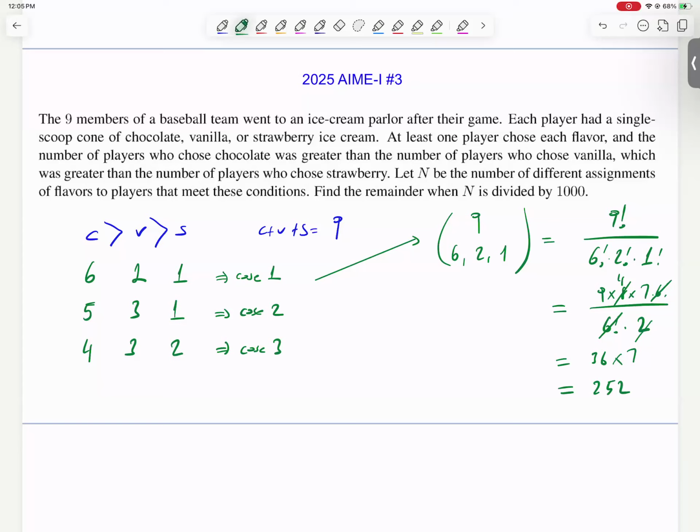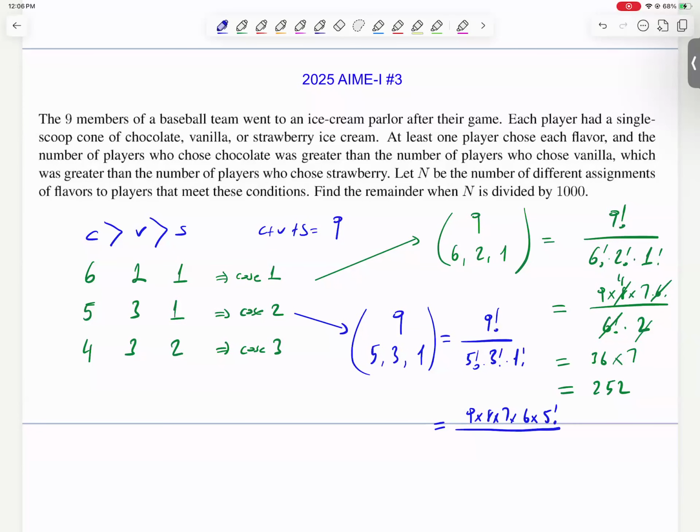Case 2, let's get the number of assignments. We have 9 players. 9 choose 5, 3, and 1 is equal to 9 factorial divided by 5 factorial, 3 factorial, and 1 factorial, which is equal to 9 times 8 times 7 times 6 times 5 factorial divided by 5 factorial times 3, 2, and 1.